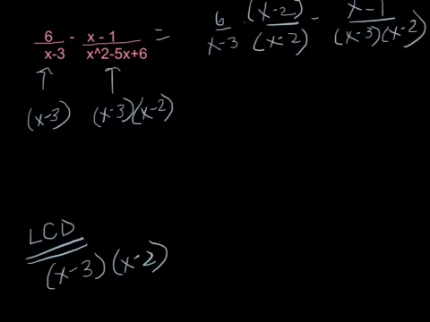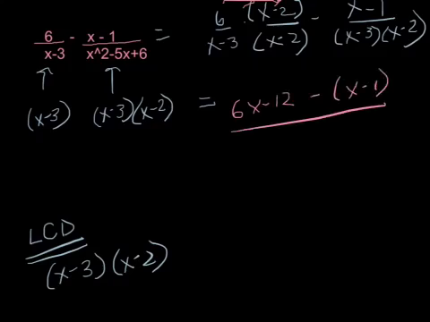And now I'm going to distribute the 6 over both items in the parentheses there. So I'll have 6x minus 12 minus x minus 1 all over x minus 3 times x minus 2. So let's clean that up a little.